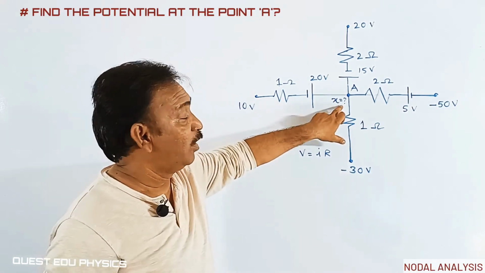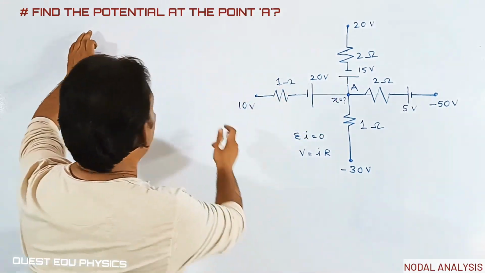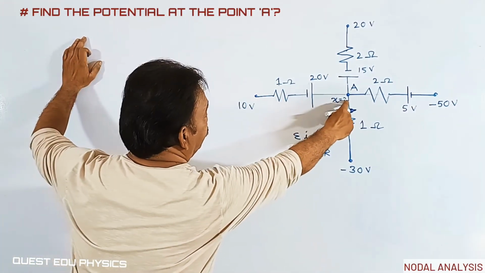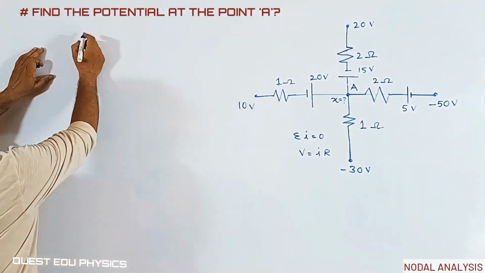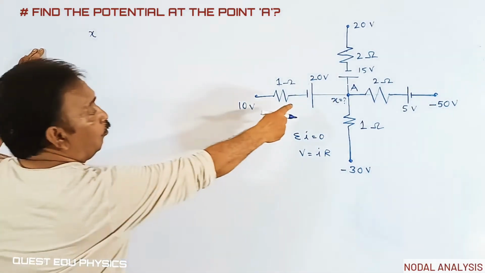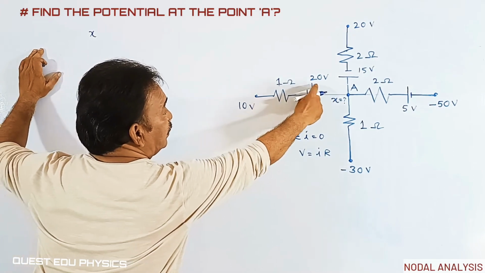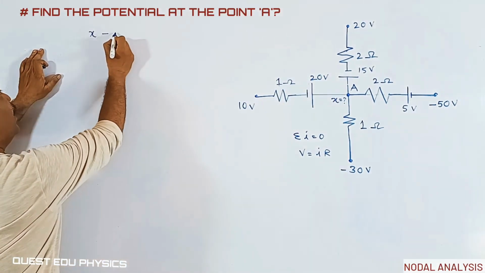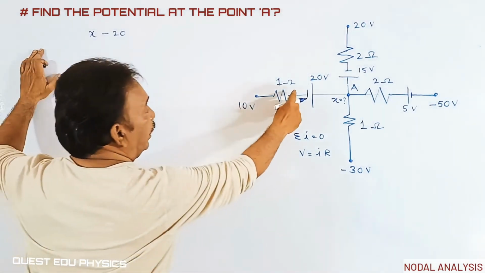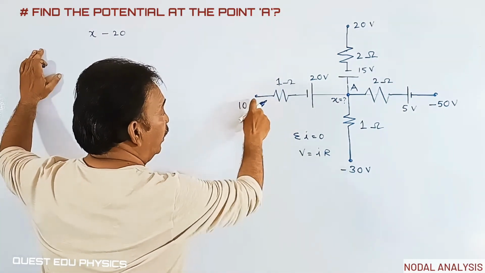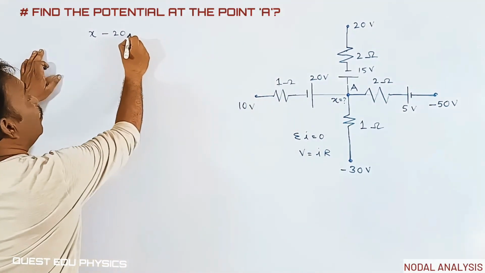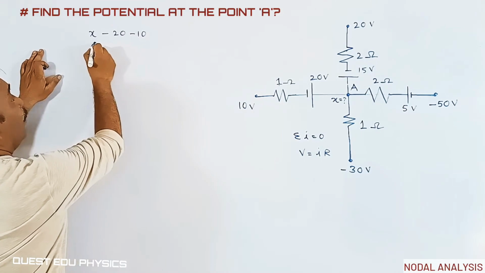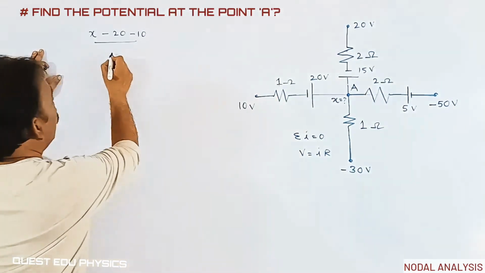Here the potential we have to find is X. I'm taking it as X minus 20, plus to minus, so we are doing minus 20, and here the resistor is 1 and 10. It is minus 10 by the resistance 1.